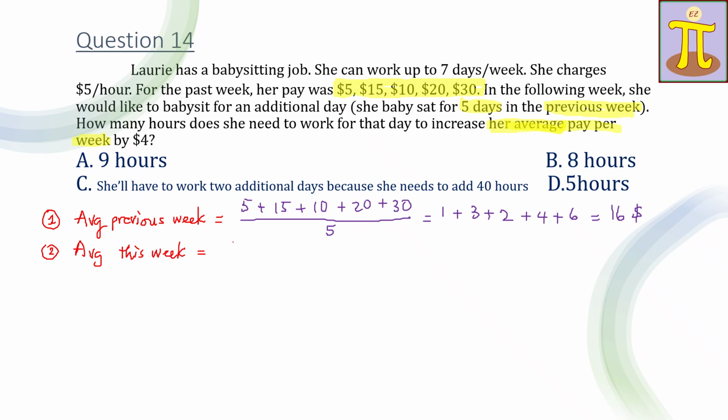That is the average of the previous week plus 4. Increase means go up $4. And that will be equal to 16 plus 4, that is $20.